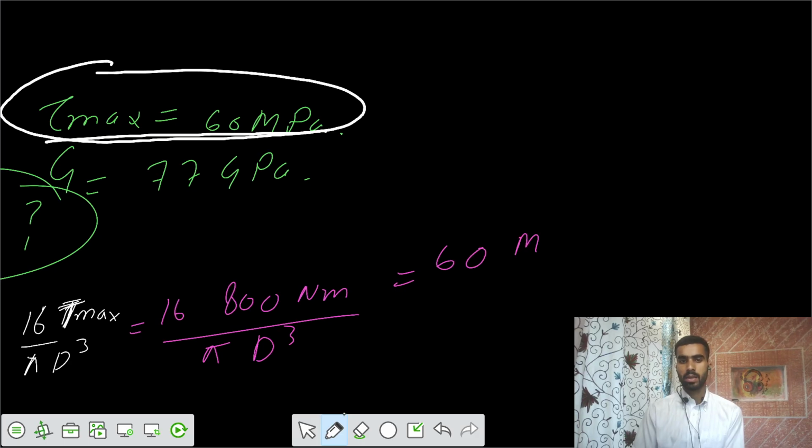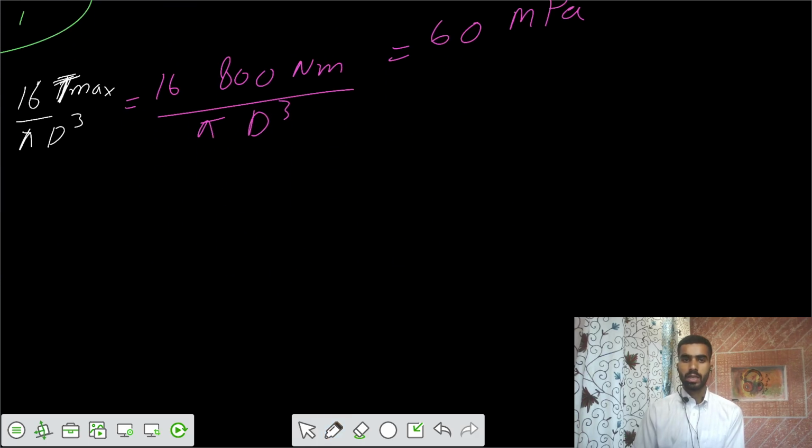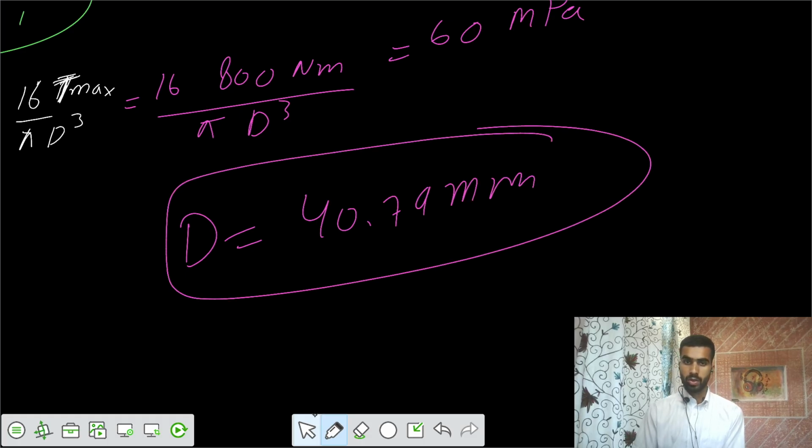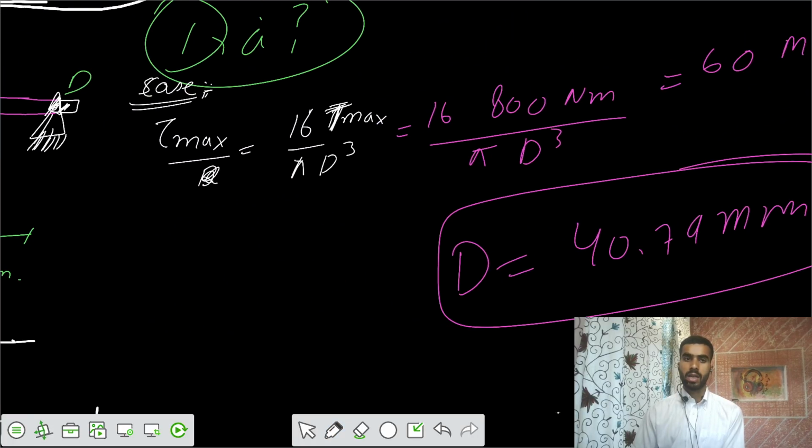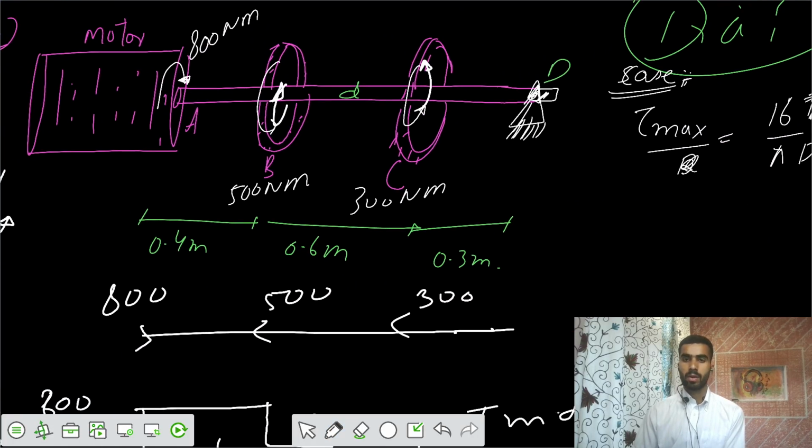You solve it, you get a value of diameter that equals 40.79 millimeter. So you got the first condition, first diameter. Either the diameter is 40.79 or the diameter is as per the second part of the calculations.